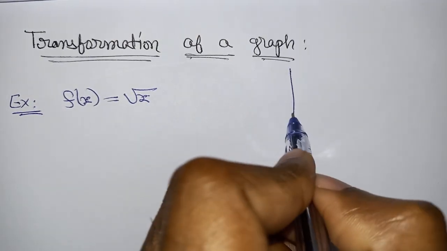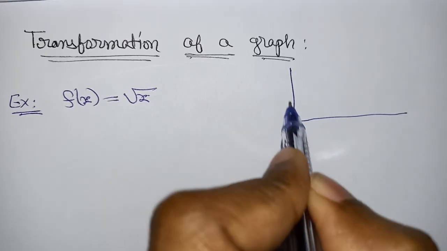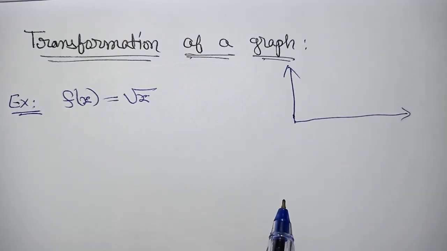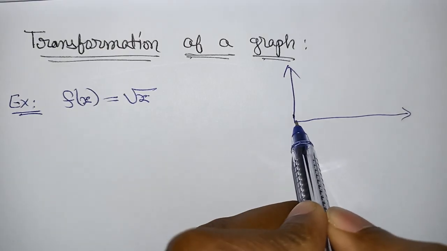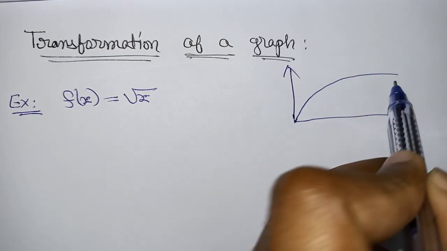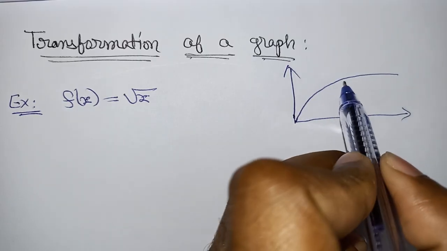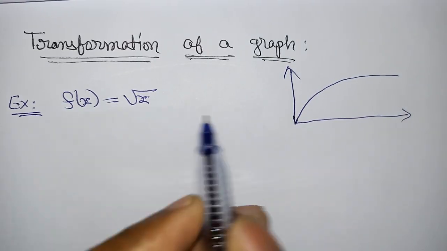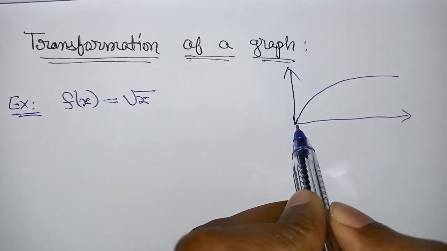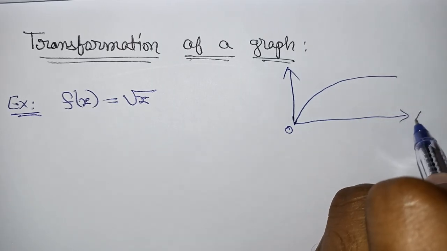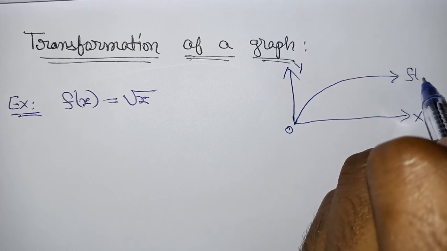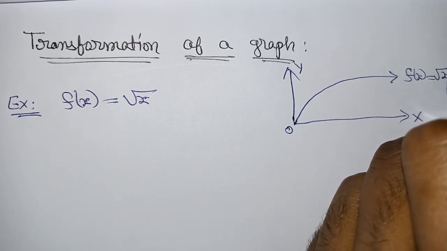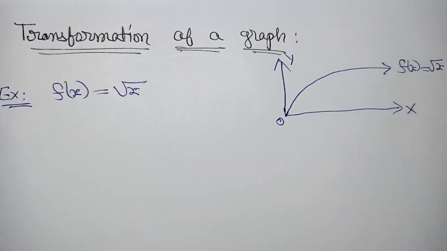First of all, represent this in a plane. The graph of square root of x on the Cartesian plane will be this, correct? Because this is the square root, you can map all values, or directly represent, if you know this is the x-axis, this is the y-axis, and this will be f of x equal to square root x, correct?